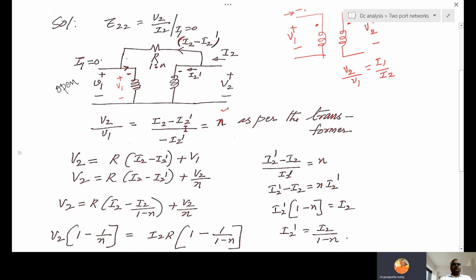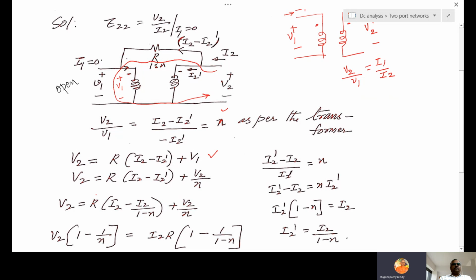That is one equation. The second equation is V2 is equal to, so to write this equation, V2 started positive, go through the resistor, then come to negative. So what you get is V2 equals R into I2 minus I2 prime plus V1.